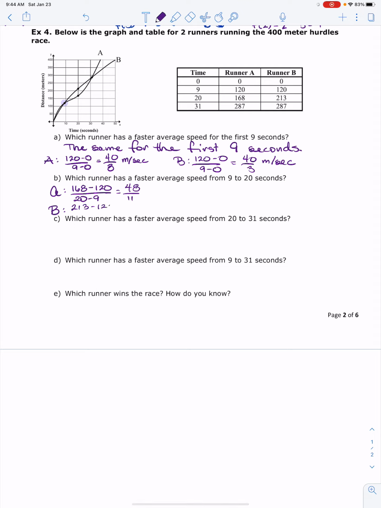Now it's pretty obvious right now. Runner B has gone farther in those next 11 seconds. What is that, 93? Okay. And so I've got 93 over 11, which if I round that is, what, 8.45 meters per second, versus runner A at 4.36 meters per second.